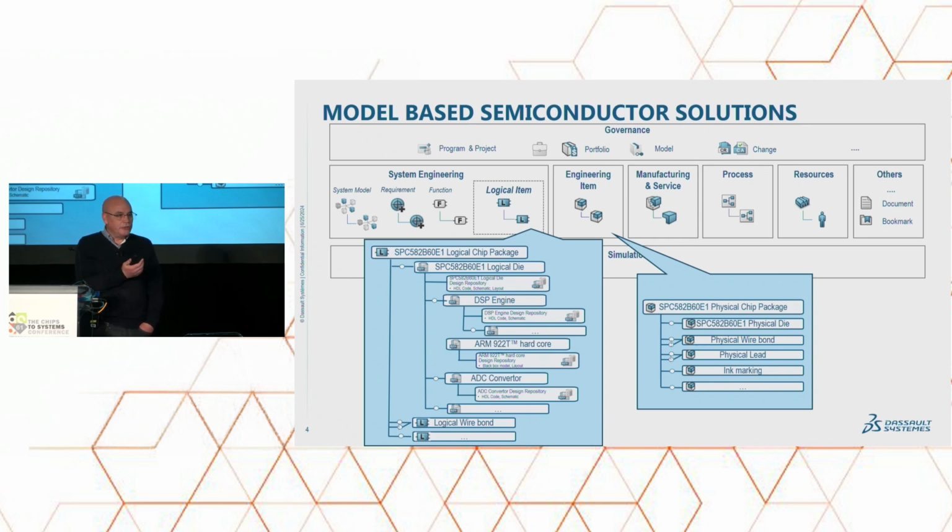And for that, you need to have what we call a model-based data model. You need to have a repository where every aspect of the product, the service, is represented by a model. Why? Because models are what are going to be used for simulation.